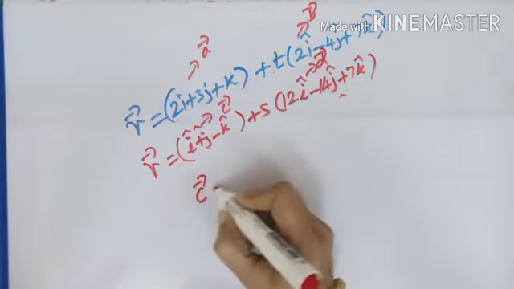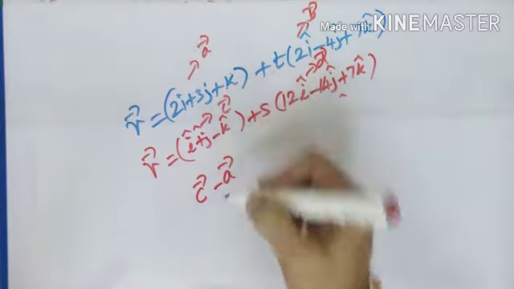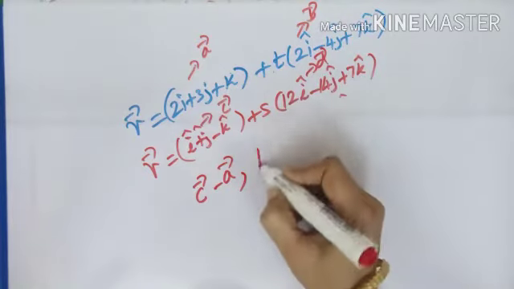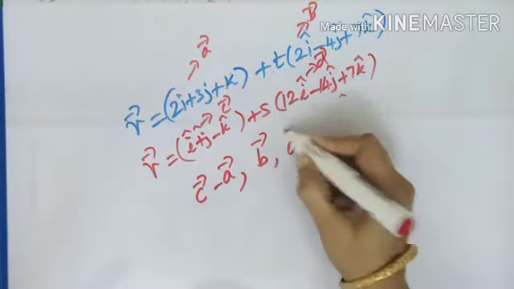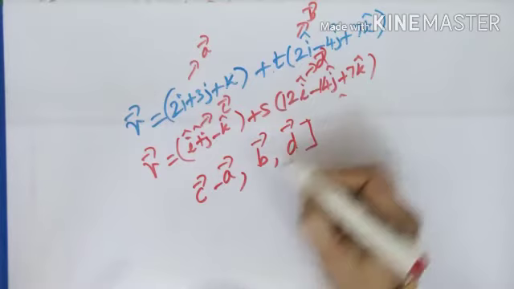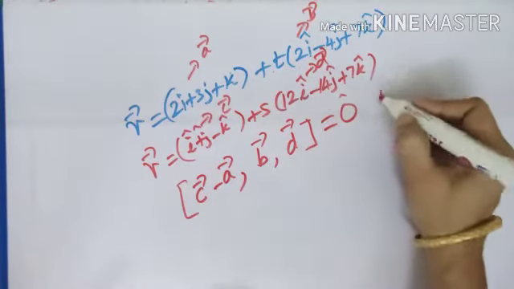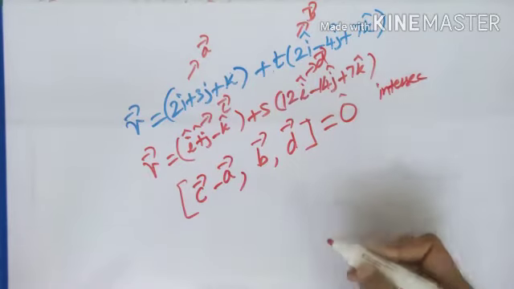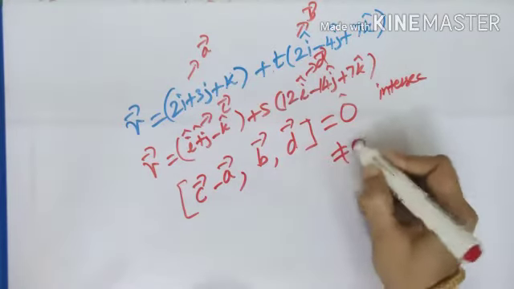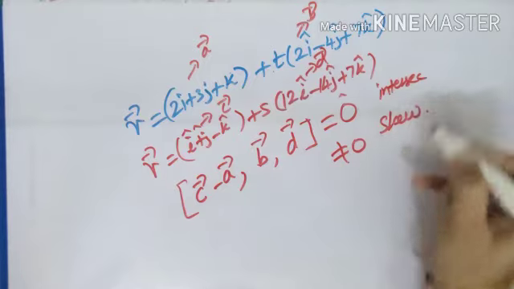Find out C minus A. Difference of 2 points is a direction. B another direction. D another direction. Suppose the triple product is 0. Then I will declare they are intersecting. It is not equal to 0. I will declare they are skew.